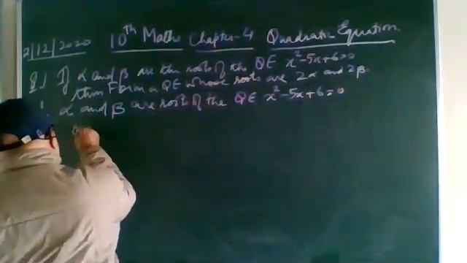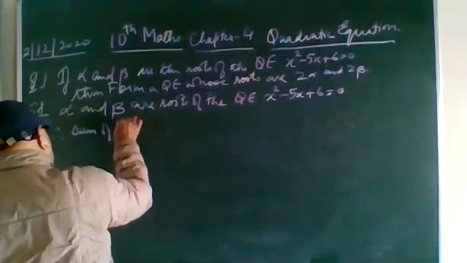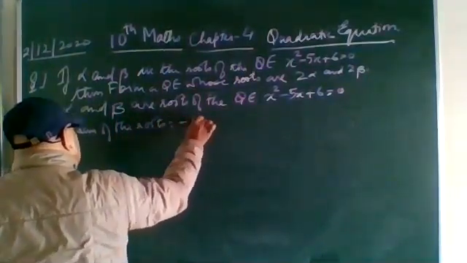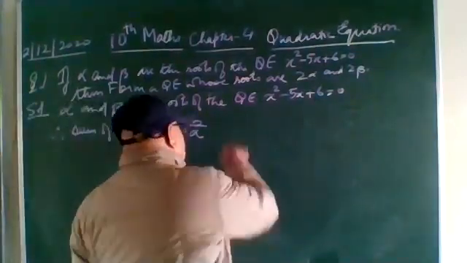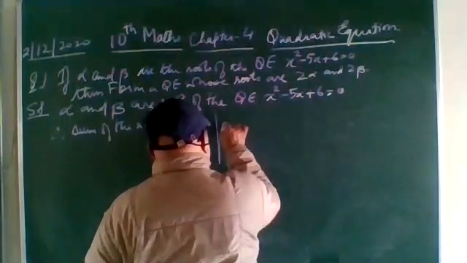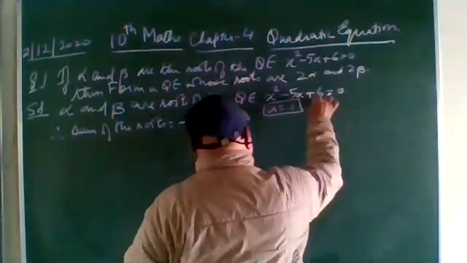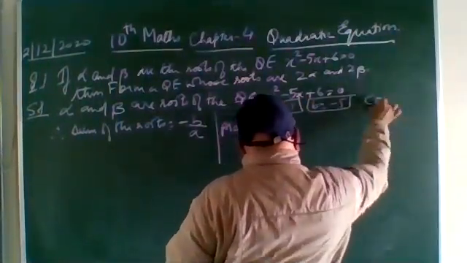Therefore, sum of the roots is minus b by a and product of the roots is c by a. Here a is 1, b is minus 5, c is 6.